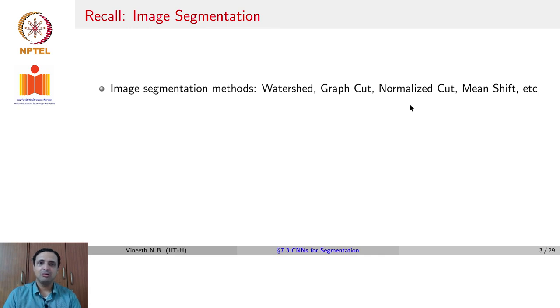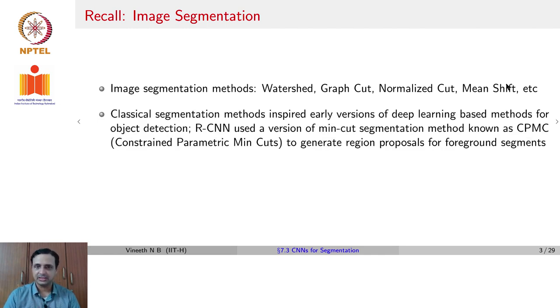So let's recall image segmentation in the first place. Early on in the lectures, we talked about different image segmentation methods such as watershed, graph cut, normalized cut, mean shift, and so on. To an extent, these methods inspired early versions of CNN architectures for tasks such as detection and segmentation.